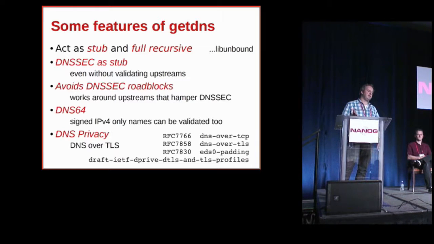So sometimes those recursive resolvers are not DNSSEC aware, or even worse, they almost actively try to hamper DNSSEC. And so getdns has a feature also developed in the DNSSEC IETF working group, which is called DNSSEC roadblock avoidance, which basically means that if all else fails, it will fall back to full recursion to fetch the DNSSEC data it needs to do its validation.